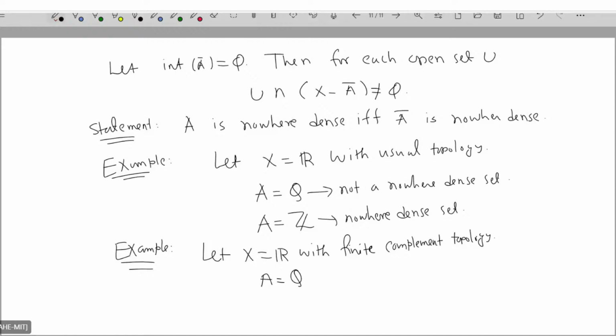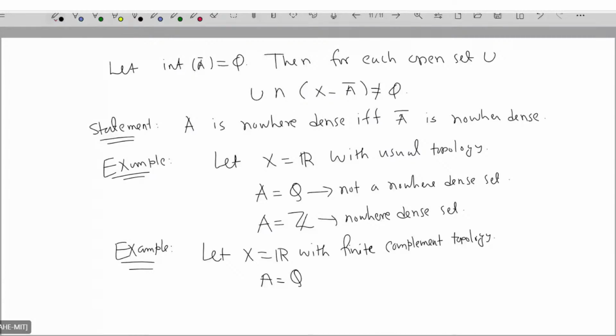What is the closure of A in this topology? Obviously you need to know the closure of Q, otherwise you cannot say anything. The closure will be the full set, is it?